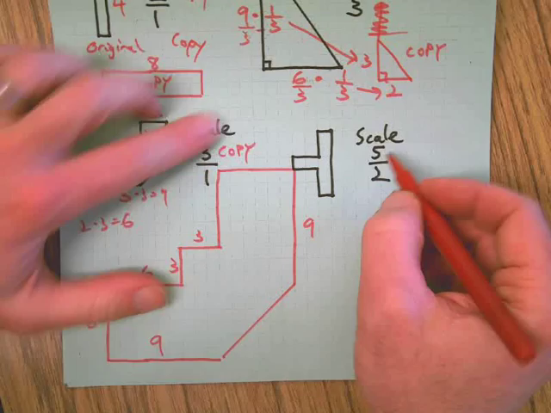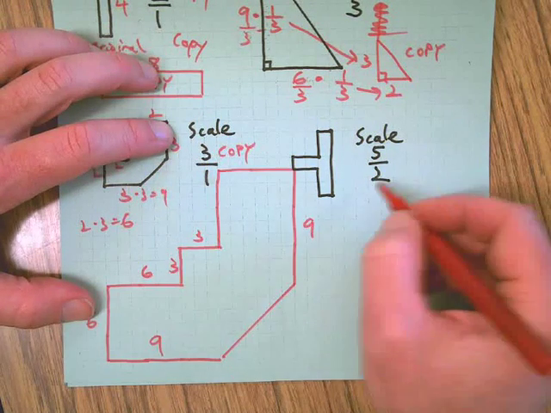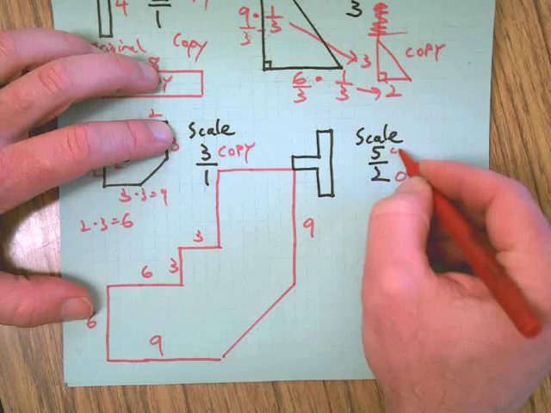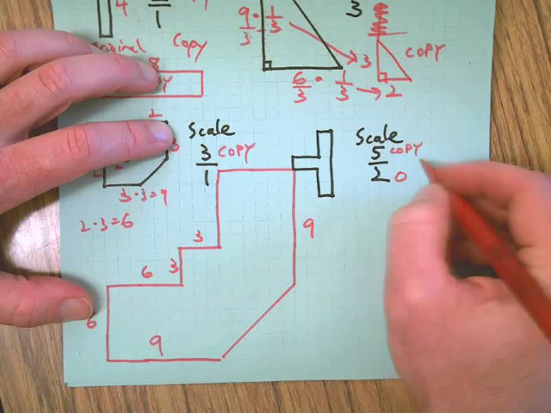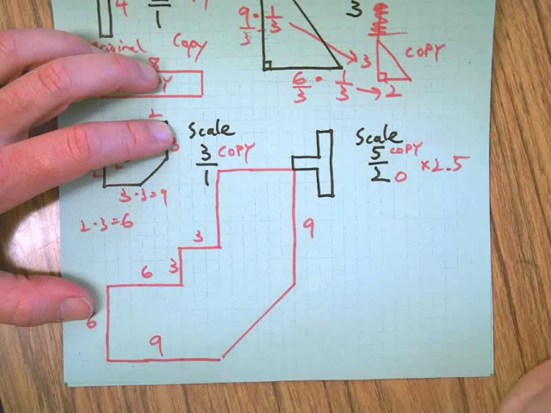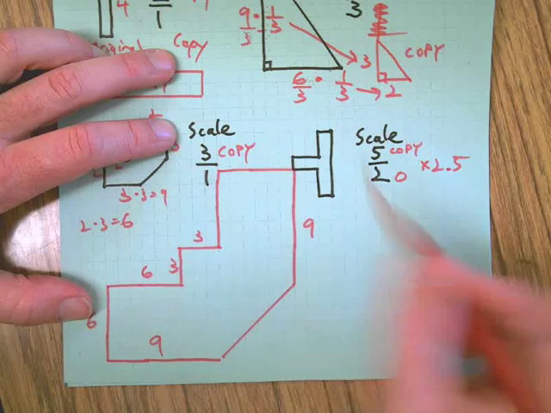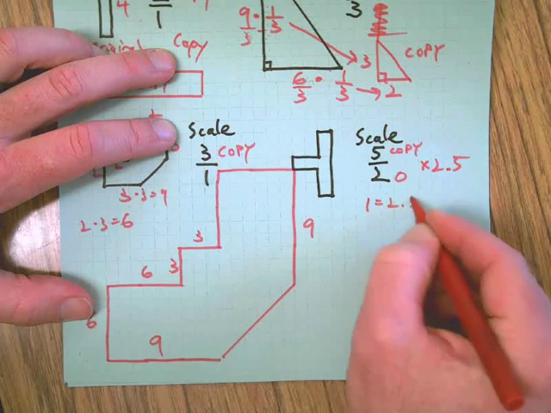And the next one, scale of 5 to 2. This is a little more complicated. That means for every 2 on the original, I'm going to get 5 on the copy. My factor here is really times 2.5, right? That's my scale. So if I have a 1, the 1 is going to change into a 2.5.